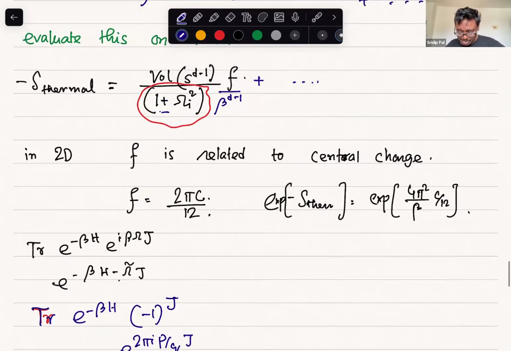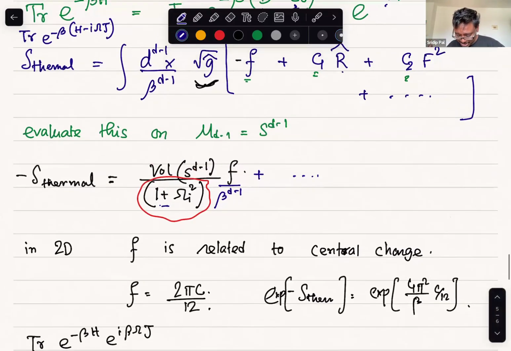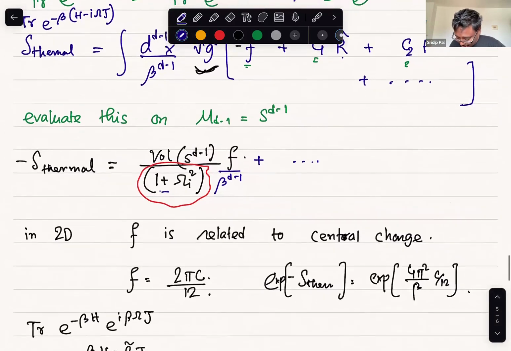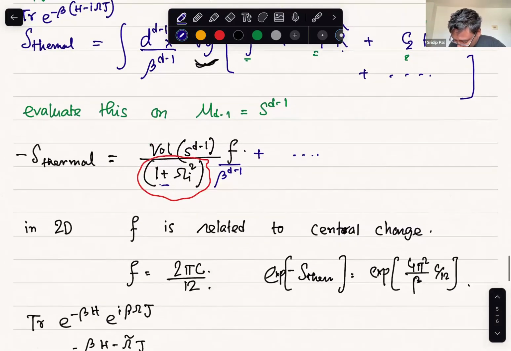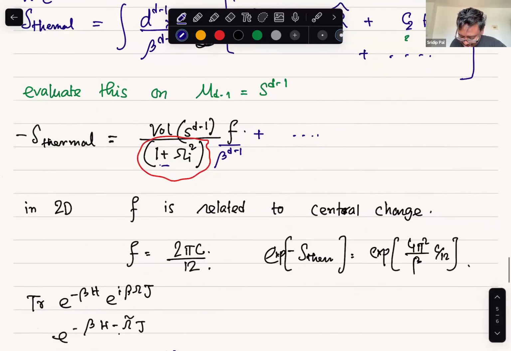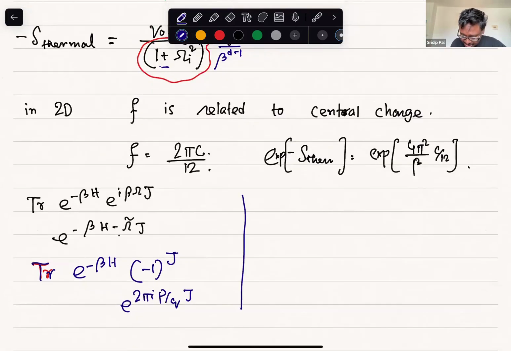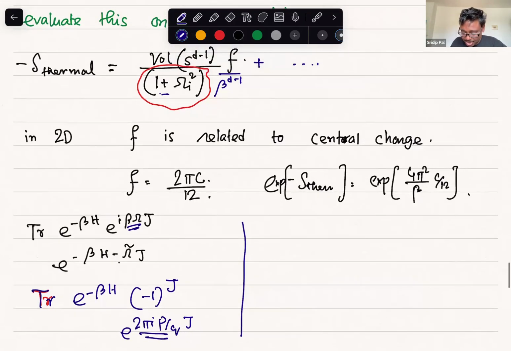Now you might, at first glance, say that we have already evaluated this quantity, which is trace e power minus beta h e power I beta omega j. So why can't I just replace this beta omega with this finite number e power twice pi p over qj? But that we cannot do, precisely because of this pole that is present in this expression.